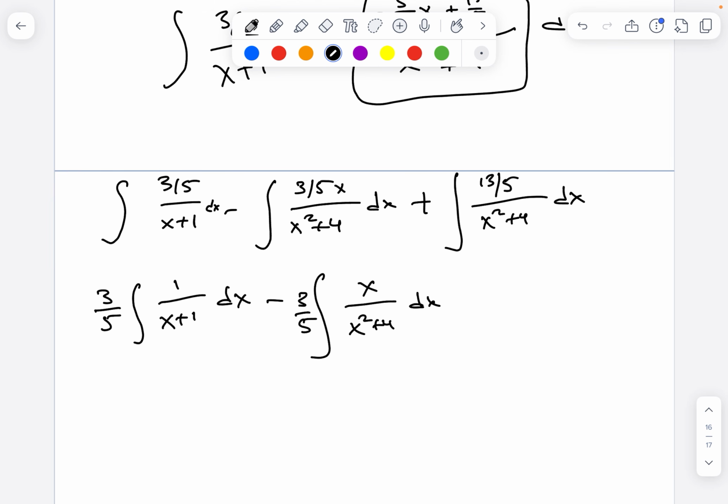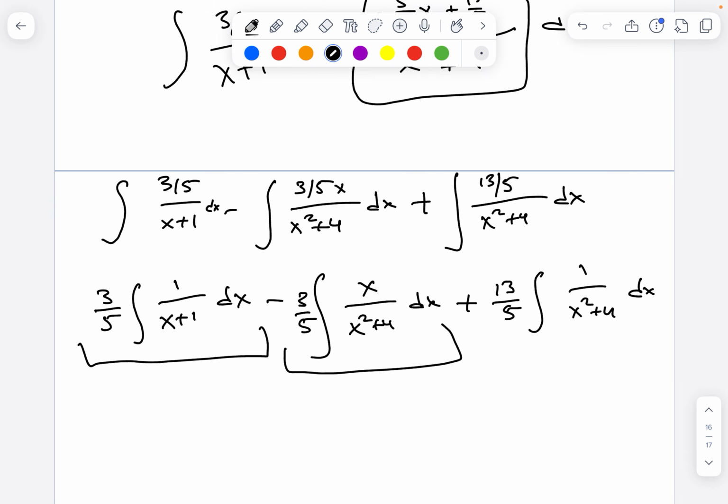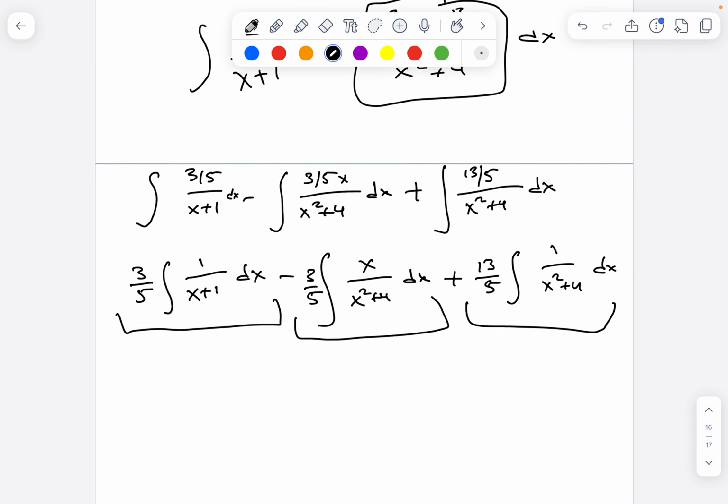That one we can also do using u substitution. Plus 13 over 5 times the integral of 1 over x squared plus 4 dx. So now these have become three integrals that we are very comfortable solving.